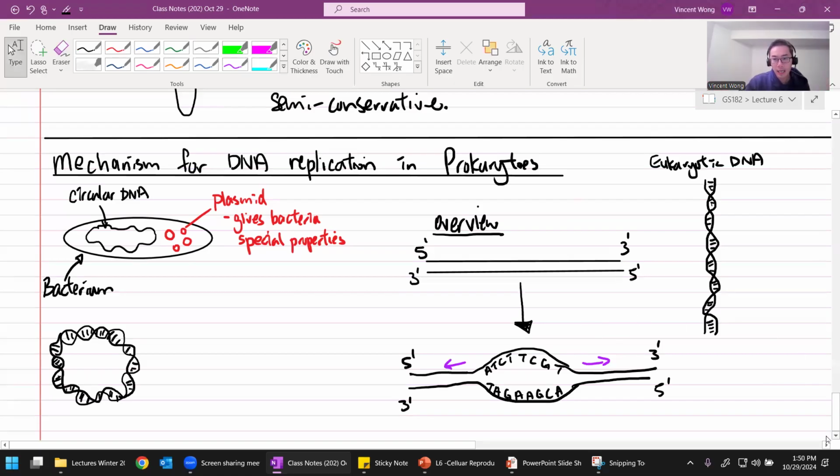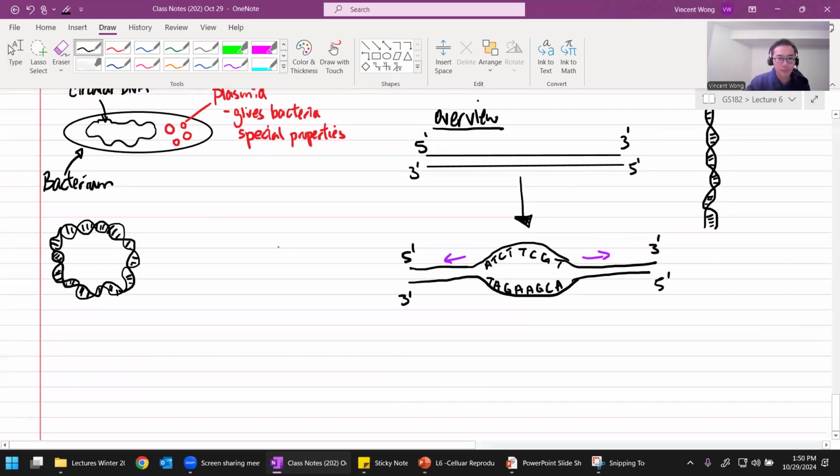Right? As a loose analogy, think of your zipper. When the zipper is zipped up, it's like that. But once you pull on the thing to unzip it, something like that.